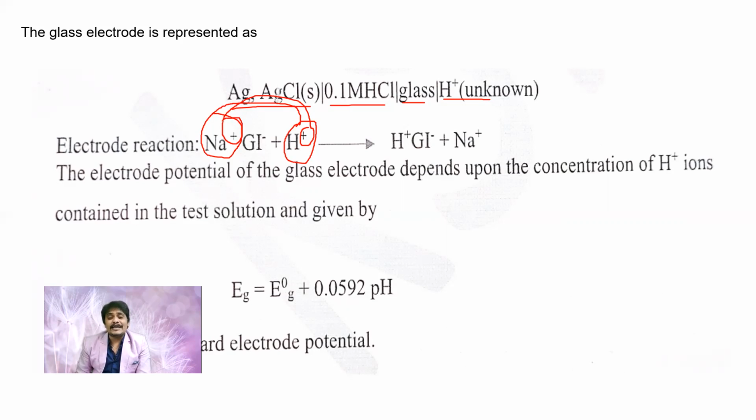Sodium ions, that is Na+ ions. Now, in the reaction, these Na+ ions are replaced by H+ ions. H+ ions take the place of Na+ ions, and Gl- will be intact like that only, and sodium ions are eliminated out.